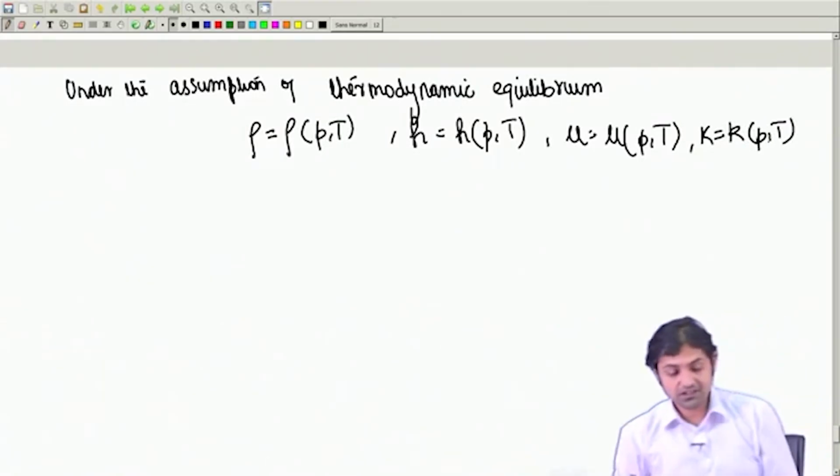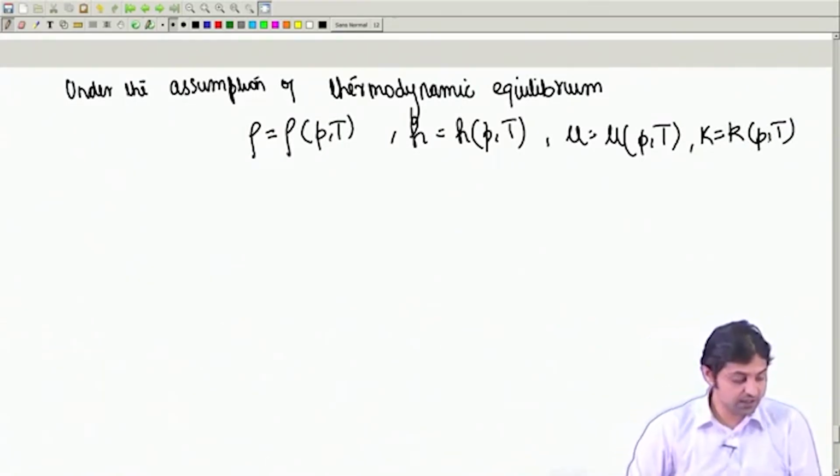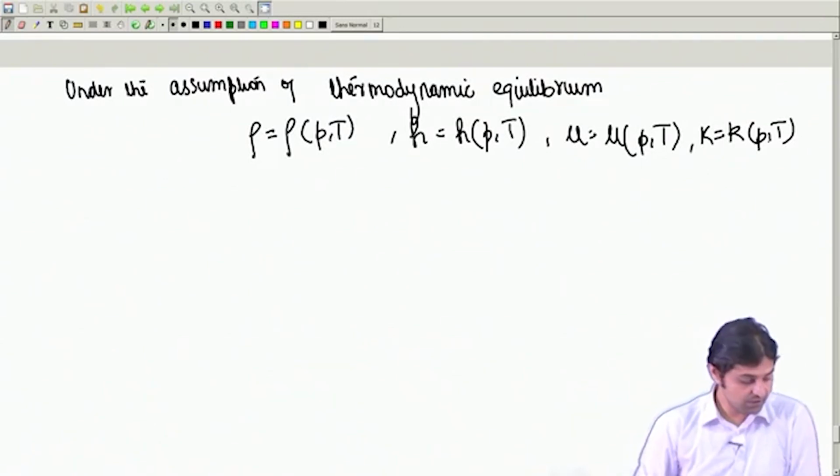So, basically all these dependent variables are a function of pressure and temperature under thermodynamic equilibrium.